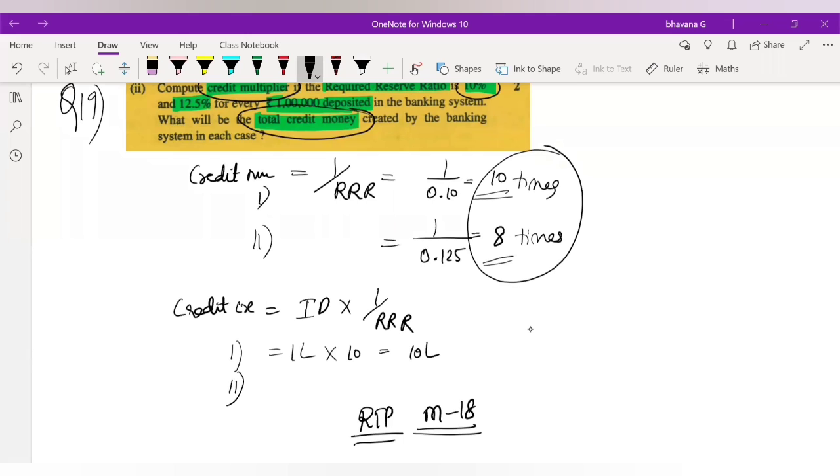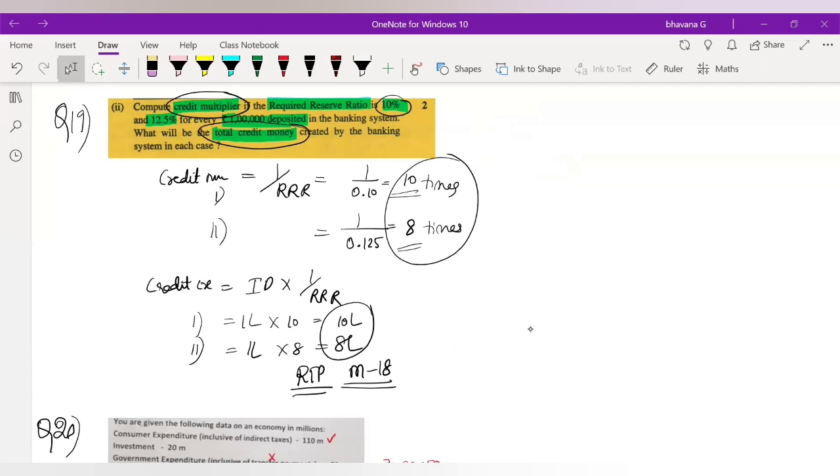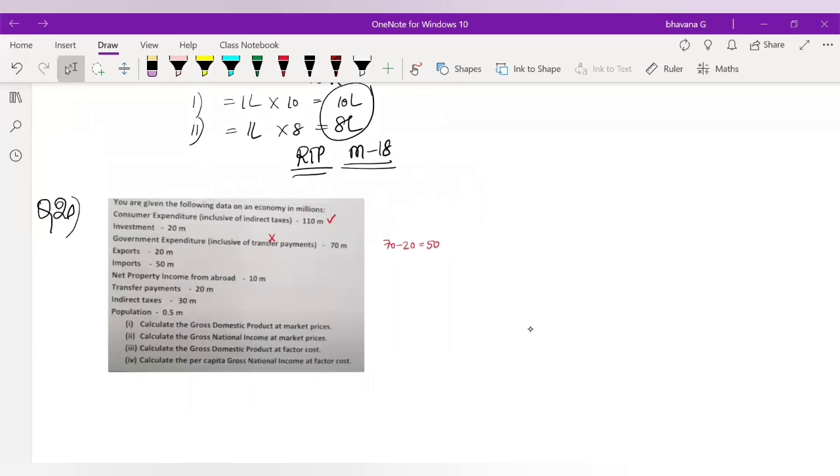In the second case you will get 1 lakh into 8, which is nothing but 8 lakh. So this is going to be your answer. I hope I'm doing it right. If I had made any mistake, just correct me. Okay, so this is what your sum is going to be. Let me just check once more. Yes, we have done it right. I just had a little confusion in the calculation here.